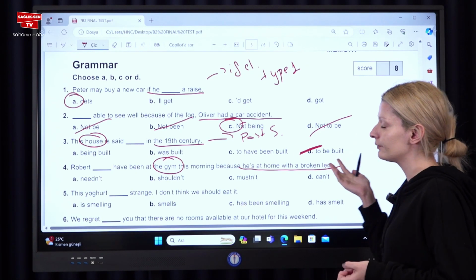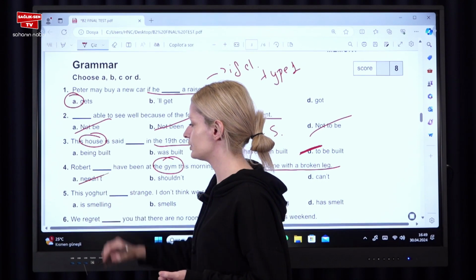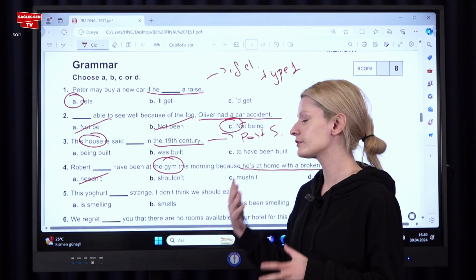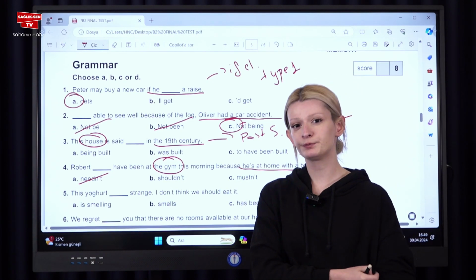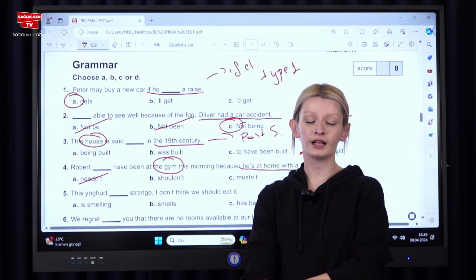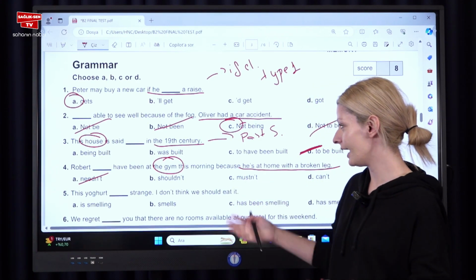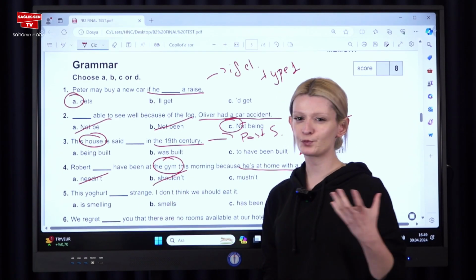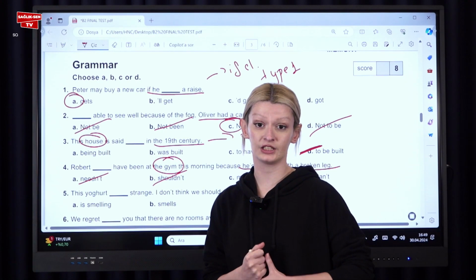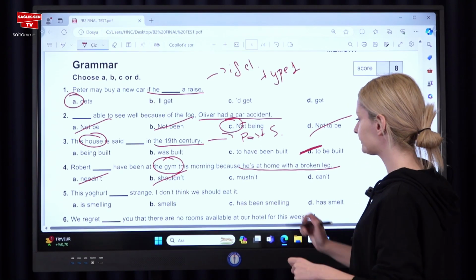Needn't have been represents a situation that wasn't necessary. Shouldn't have been represents something that we regret in the past that happened. So again, no. We most probably are looking for a deduction in this sentence.